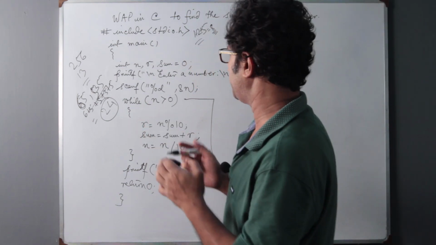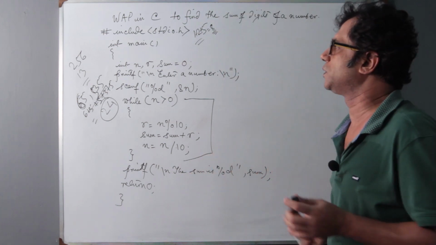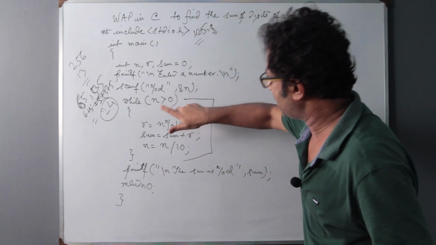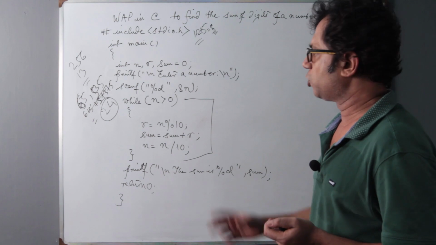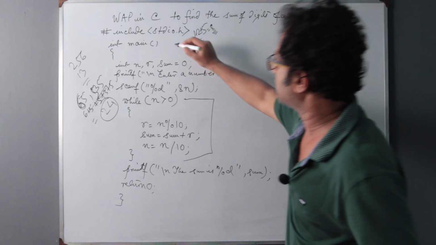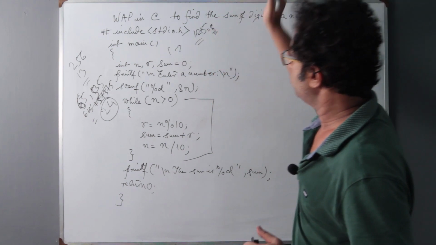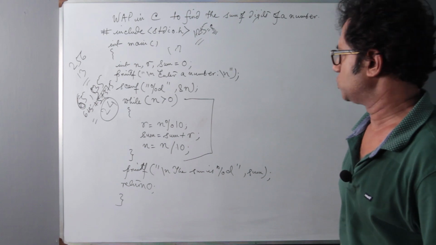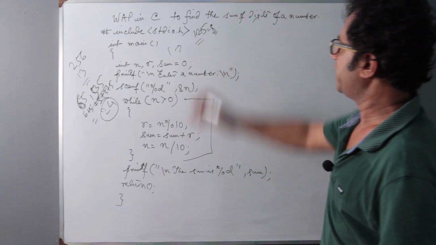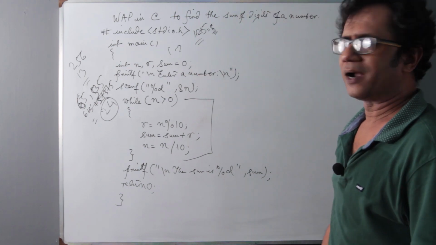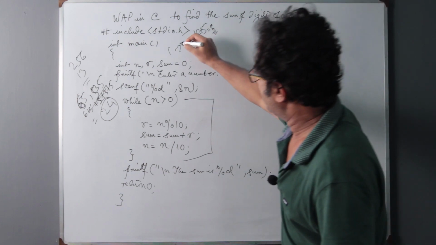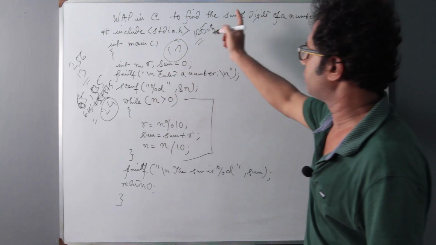So the number will be positive. We are assuming that the number is a non-zero positive number, that it can start with 1 and go up to several higher values. It may go up to a very high value but not an undefined value. It has to be a finite value starting from 1.